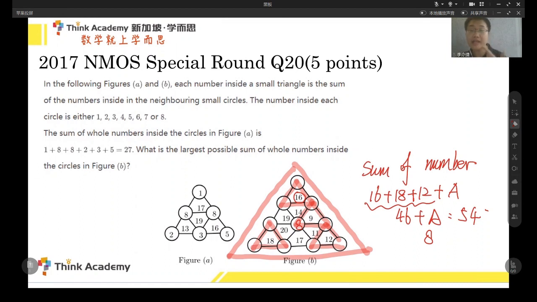If an 8 is written, then the other two have a sum of 1, which can only be 0 and 1, but we cannot use 0. So actually, A cannot be 8. A has a maximum of 7 instead of 8. So the maximum sum of numbers can only be 53 instead of 54.